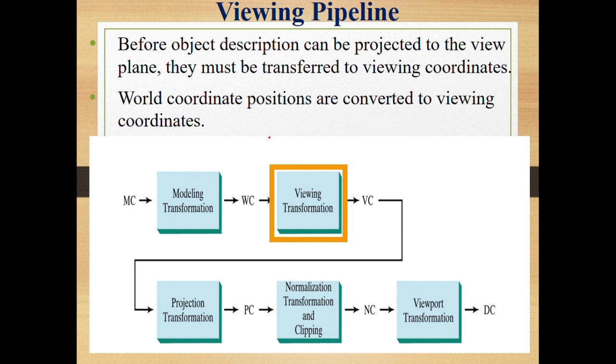Once you select your object, that object must be provided with one projection area, and the projection area is provided by your view plane. Once you get your view plane, it must be transferred as view coordinates. The world coordinate positions are converted into the view coordinates, so it is possible to allocate this.